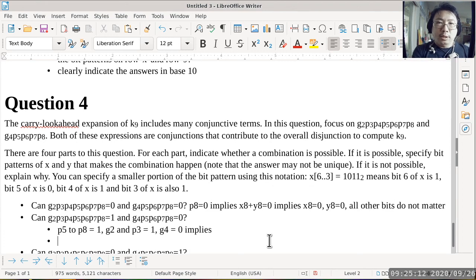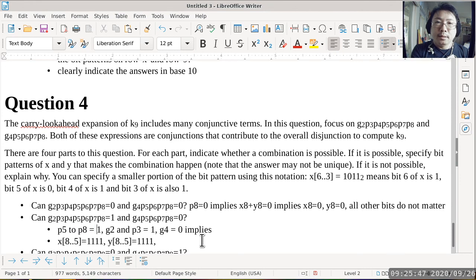One example to make it happen is to have x bit 8 down to 5 being 1. So there will be 4 ones, because it's bits 8, 7, 6, 5. The corresponding bits of y would then be either ones or zeros. It doesn't really matter. You can make them all ones too. So that will make this portion happen.